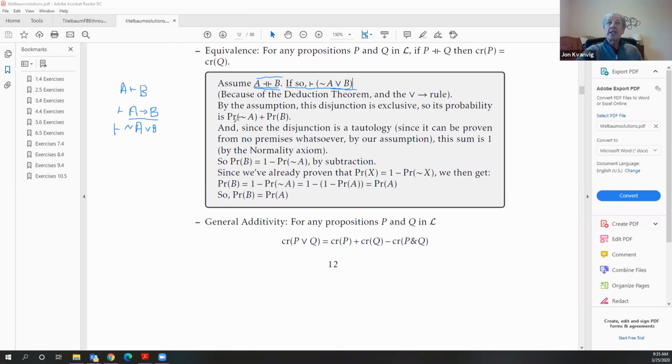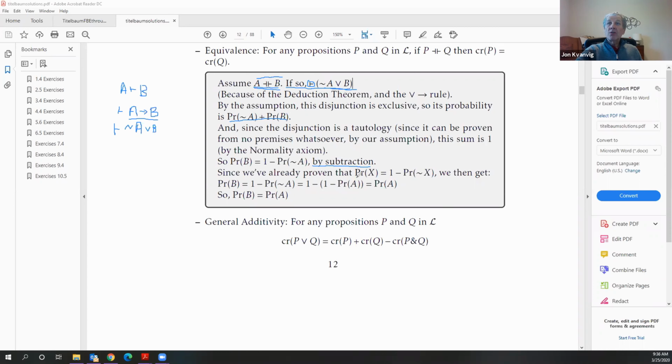So its probability is the probability of not A plus the probability of B by finite additivity. Moreover, this disjunction is a tautology. That's what it means to say it's a theorem, since it can be proven from no premises whatsoever by assumption. So its sum has to be 1. This sum has to be 1 by the normality axiom. So the probability of B is 1 minus the probability of not A, just by simple subtraction.